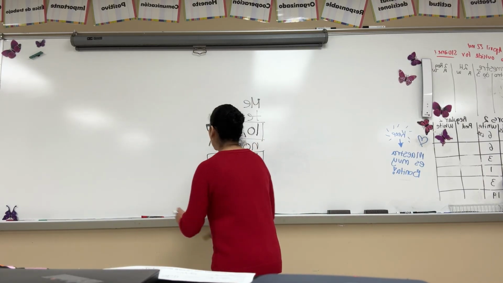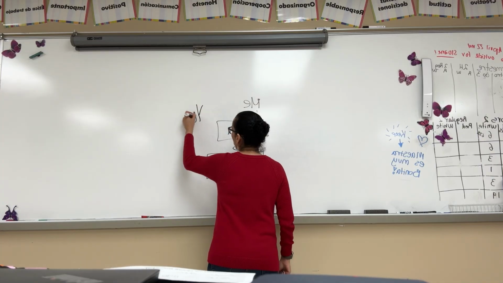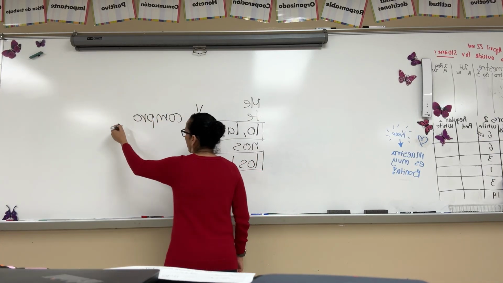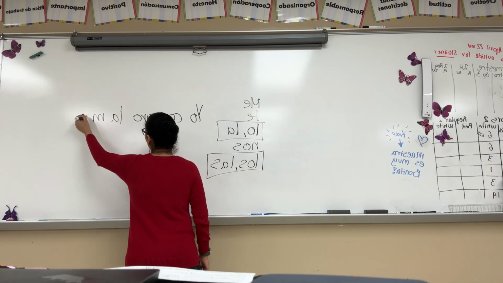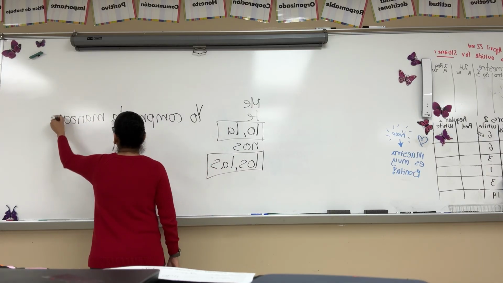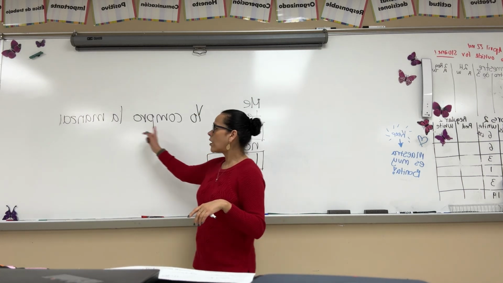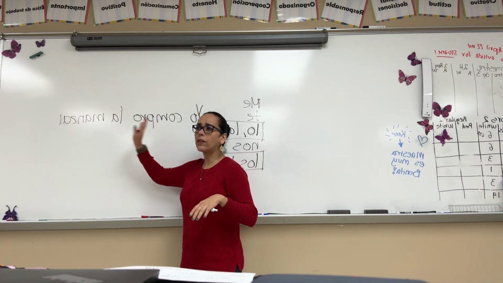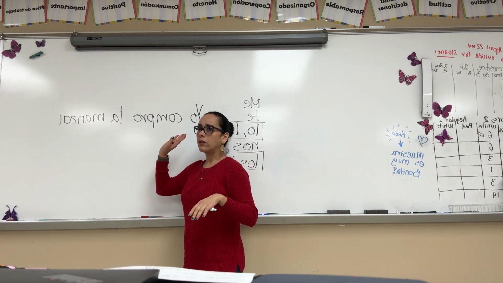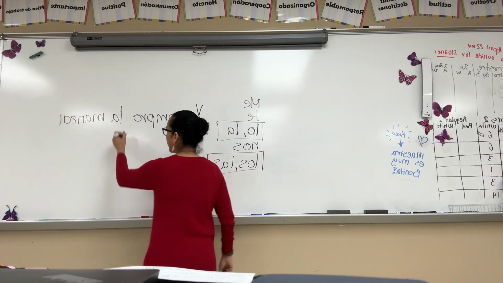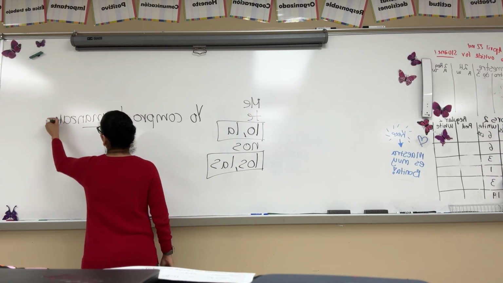Now, if I say yo compro la manzana, and I already know that I'm using la manzana. What is my direct object? I'm going to ask, what do I buy? La manzana. This is my manzana. Okay.